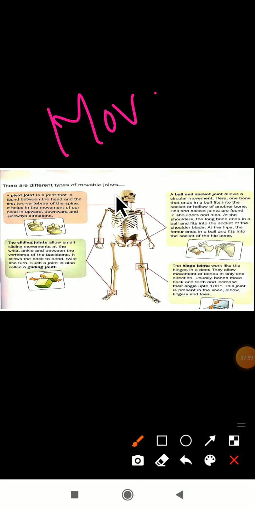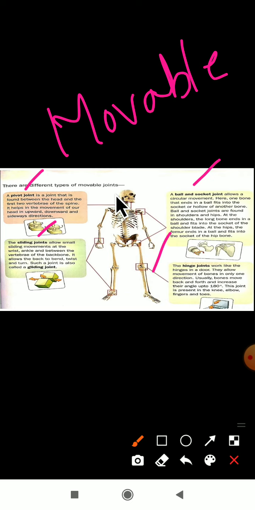In movable joints there are different kinds of joints. One is a pivot joint, sliding joint, ball and socket joint, hinge joint. These are the different movable joints. Nothing but these joints will move here.